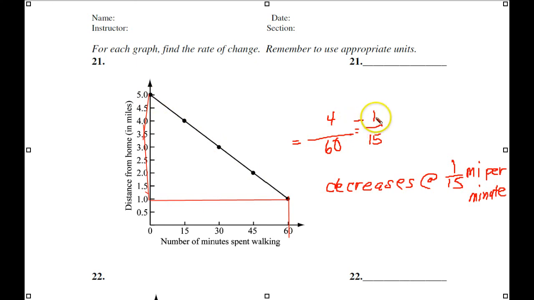So that's a -1/15, which we could say then it's a decrease at 1/15 miles per minute would be the answer here. So as you spend time per minute, you decrease the distance 1/15 of a mile per minute.